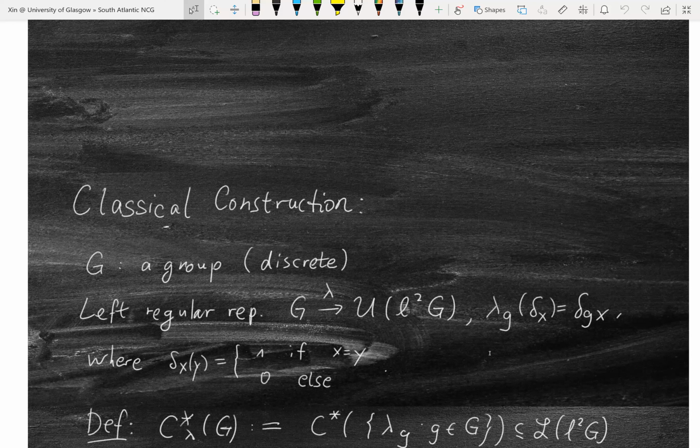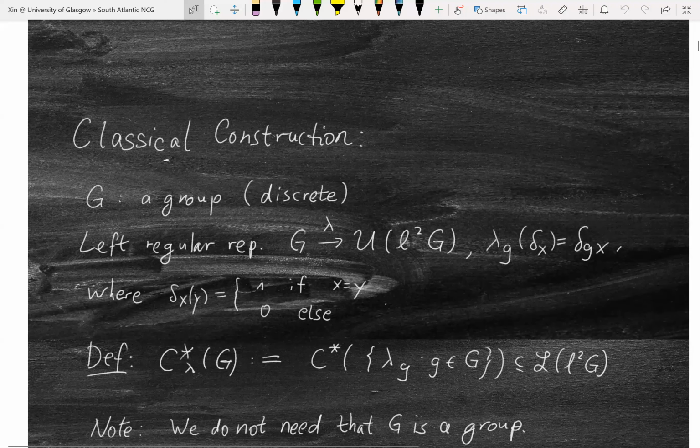And basically what you can now do is look at this construction again and ask yourself, what is the minimal requirement you need to perform this construction? So for instance, you observe that having a group is not necessary. You're not using that the elements have inverses. That's not necessary to do this construction.